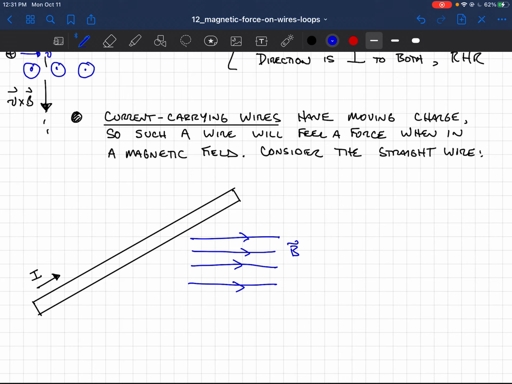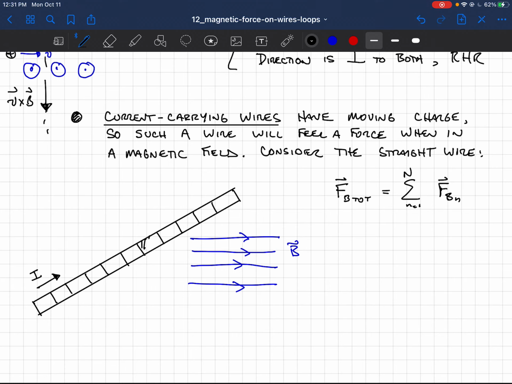So what we can do is break this up into a bunch of little chunks of charge, and then the total force on the wire will be equal to the sum of the forces on the chunks. So we could call that F_B,n, where n goes from 1 to capital N, as we're used to doing.